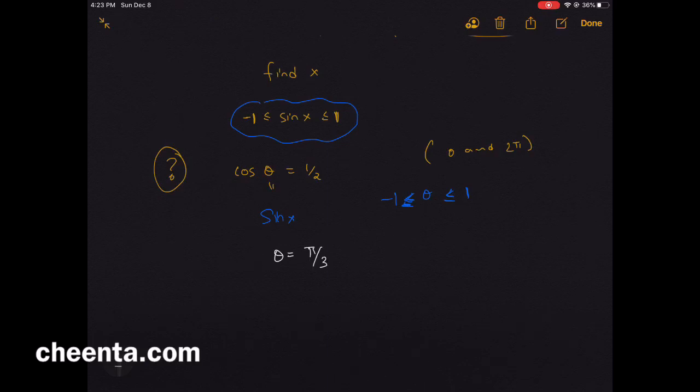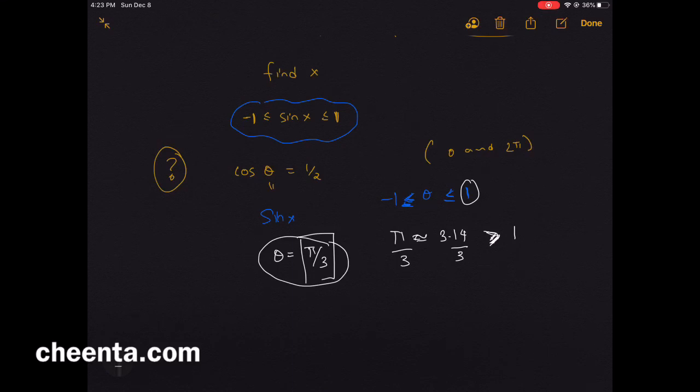I mean, it's obviously true for other values, but that's the closest number to 1 for which cosine of theta is half. And what is pi over 3? Well, pi is approximately 3.14. So pi over 3 is a little bit larger than 1.